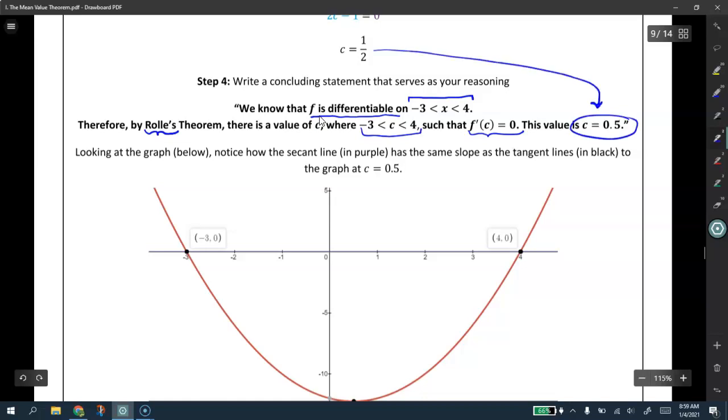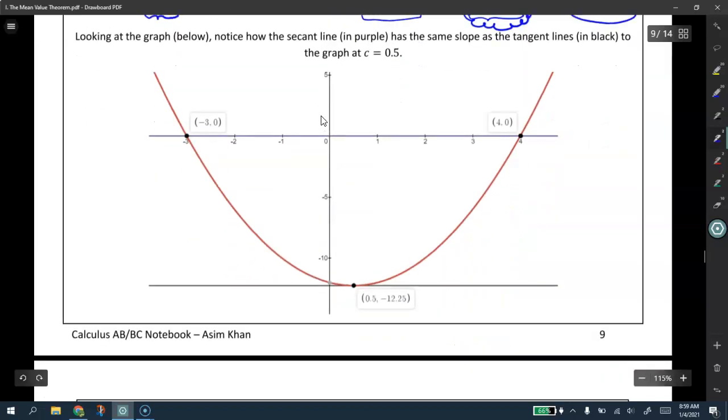So notice that the only difference is instead of saying MVT, I said Rolle's theorem. And the reason why it's Rolle's theorem is because this is a special case when that derivative is equal to 0. And even though we've learned the entire topic already, this was actually the basis of the derivative test.